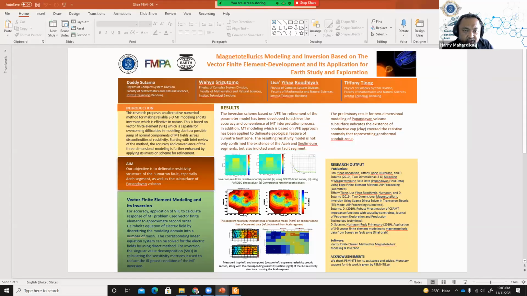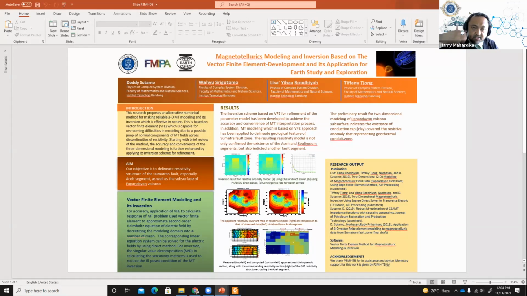They only need to mention the affiliation once, because the authors are coming from the same institution. They could have a different approach for designing the names: for example, Pak Dodi Sutarno, Wahyu Srigutomo, then Lisa and Tiffany in the same structure of lines, and the following line should tell about their shared affiliation.